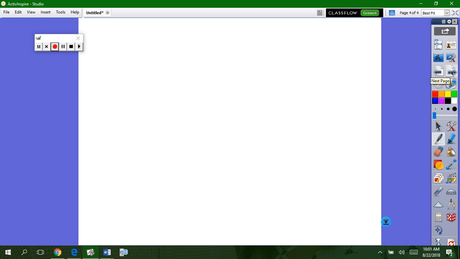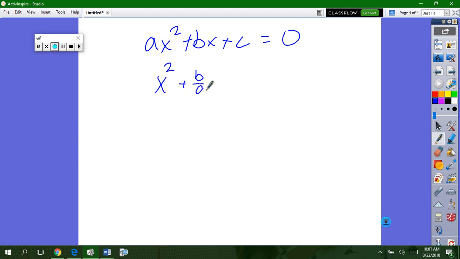Okay, here you go. So here's your basic quadratic equation, right? With me? Okay, so once again, I always like to have my a term be 1. What I'm going to do is divide everything by a.